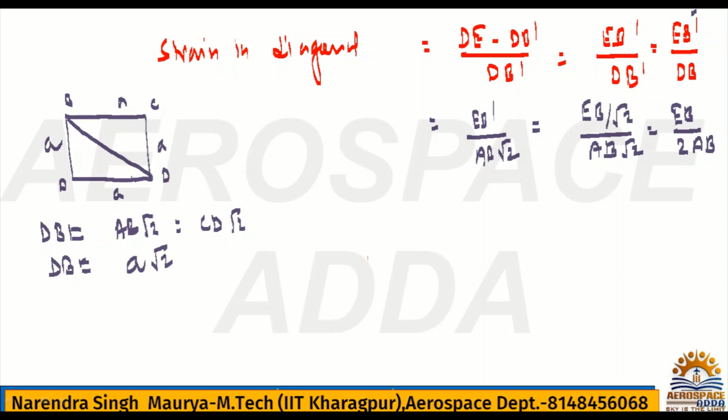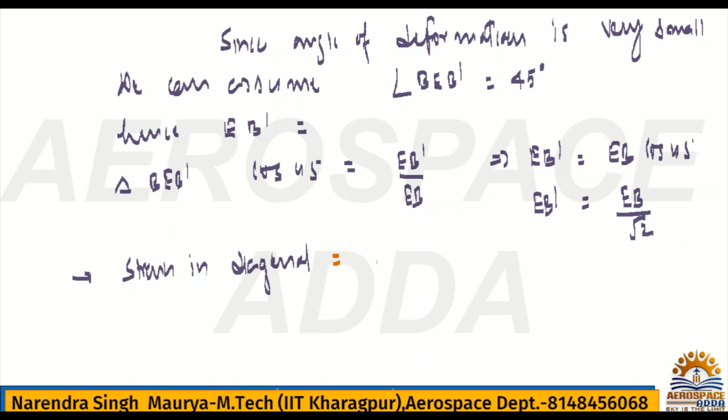So ultimately, once you keep the value of EB dash, it is nothing but EB by root 2, and this whole value is coming EB divided by 2AB, right? EB divided by 2AB is coming, right?